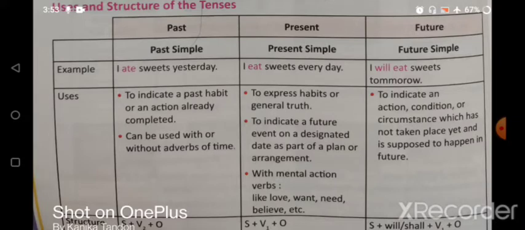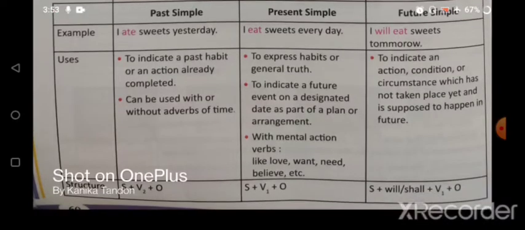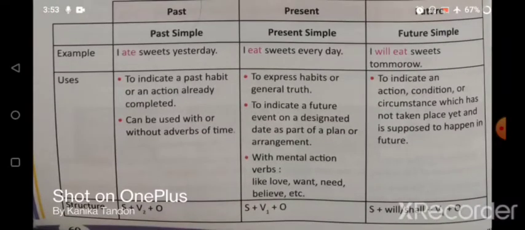and then the object. And when we talk about future simple, we just add in subject we add will or shall, and then verb in its first form and object. And here they use will and shall both together. So let me explain it to you again, that we have to use will or shall according to the subject that we are using.